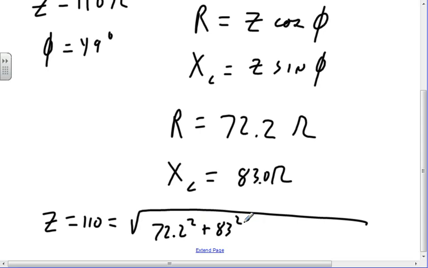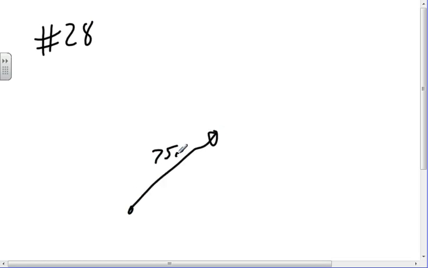All right, number 28. Can I move on? A ship travels 75 miles on some course. I'm here, I'm there, I go 75 miles, 35 degrees west of north.